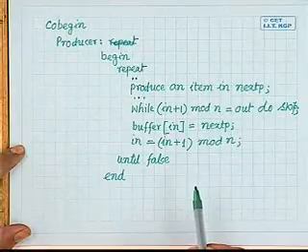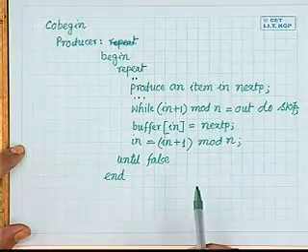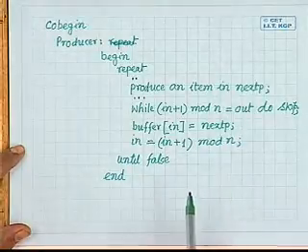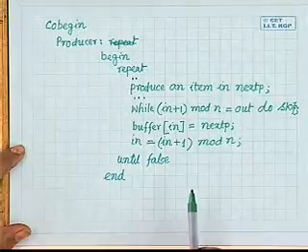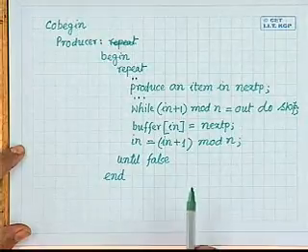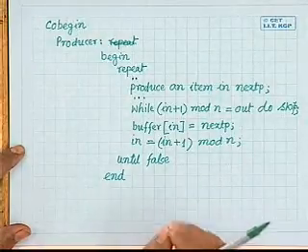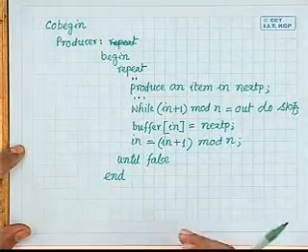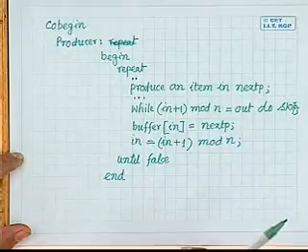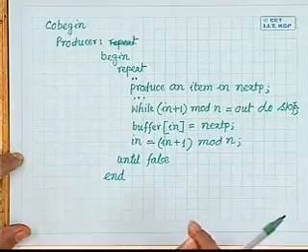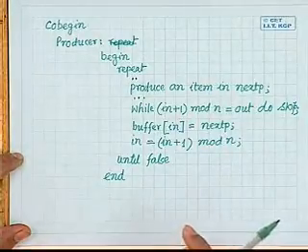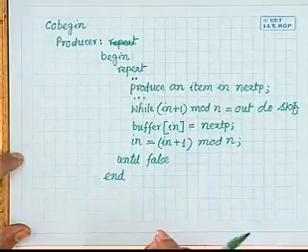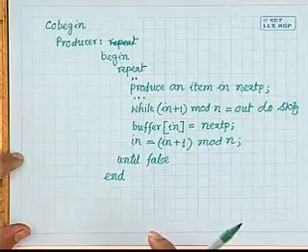The responsibility of the producer will be to increment the count whenever it puts an item into the buffer, and the counter will be decremented by the consumer whenever the consumer consumes an item from the buffer. The counter is initially 0. So at any instant, the value of the counter will indicate how many items are present in the buffer at that particular instant of time.